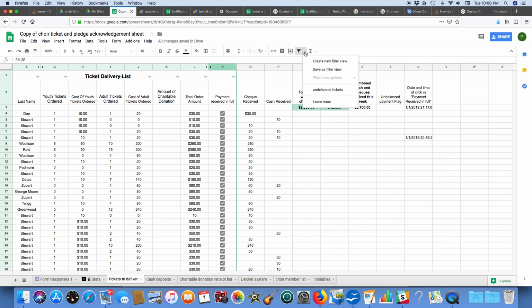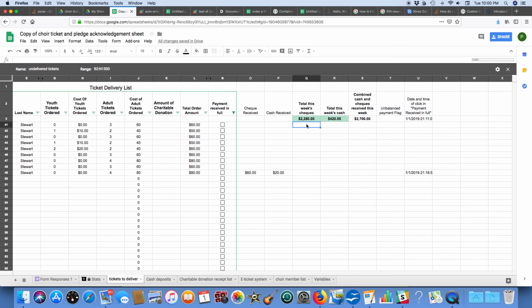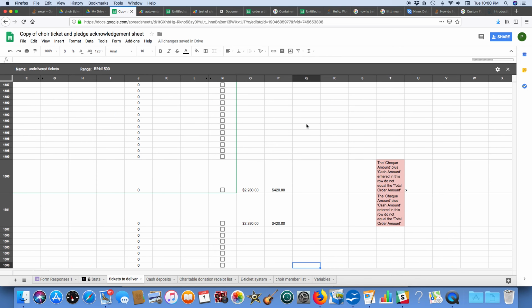So we'll go back to the undelivered view, and I'm going to hop down to line 1500. You can see here that there are two sets of formulas. One says 60 and 20. Those are the subtotals. These are the total amounts that have been collected.